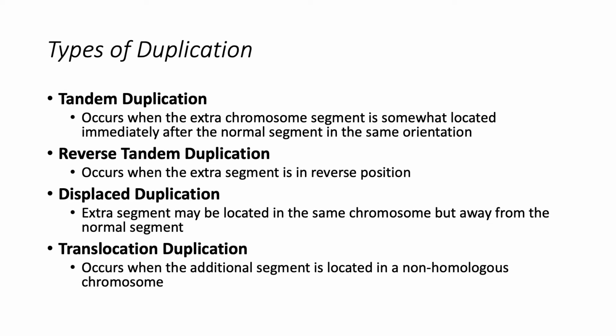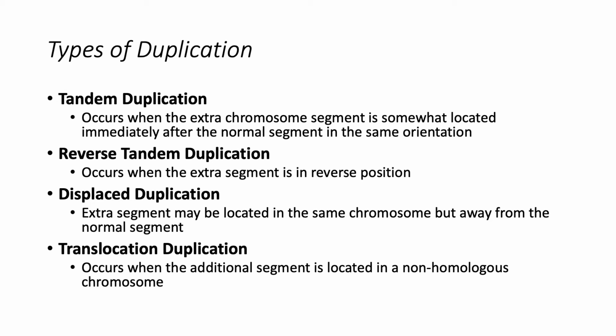Four types of duplication are known: tandem duplication, reverse tandem duplication, displaced duplication, and translocation duplication. Tandem duplication occurs when the extra chromosome segment is located immediately after the normal segment in precisely the same orientation.